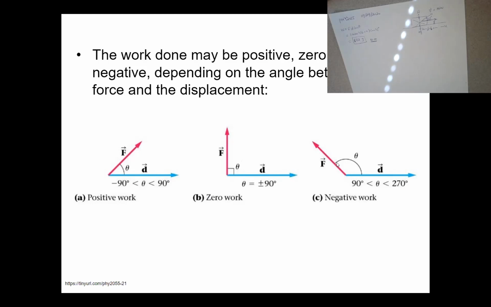If the angle is greater than 90 degrees but less than 270 degrees, then you'll have negative work. You might have a force pulling on the object, but the object is actually going in the other direction, so work is negative in that scenario. So work can be positive, zero, or negative, depending on the angle between the force and the displacement.